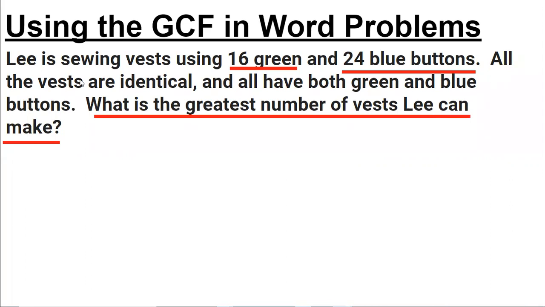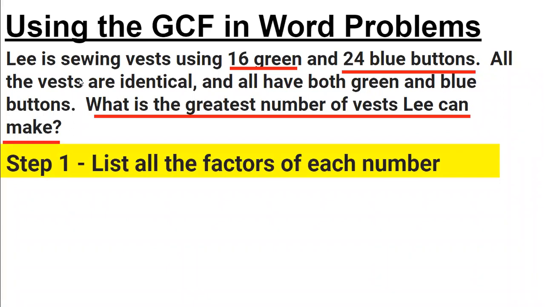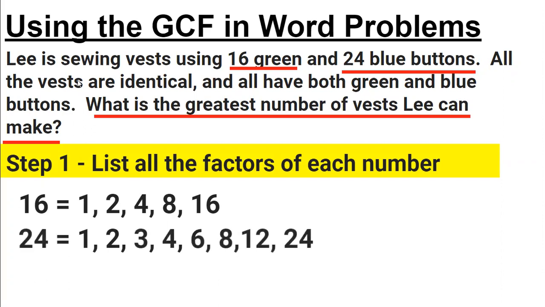Okay, what do we do? Step 1, yes, list all the factors of 16 and 24. Go ahead and pause the video and do that, and then come back and check. Did you get 1, 2, 4, 8, and 16 for 16? And what did you get for 24? 1, 2, 3, 4, 6, 8, 12, and 24.